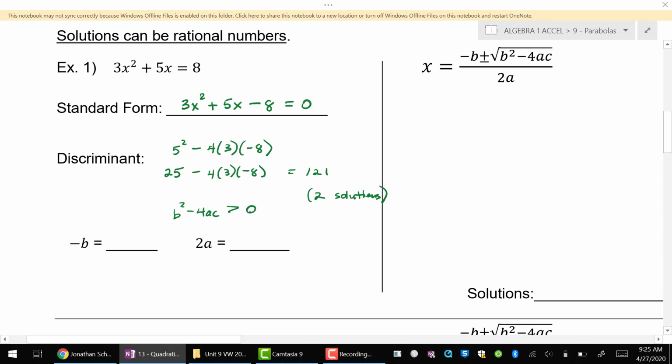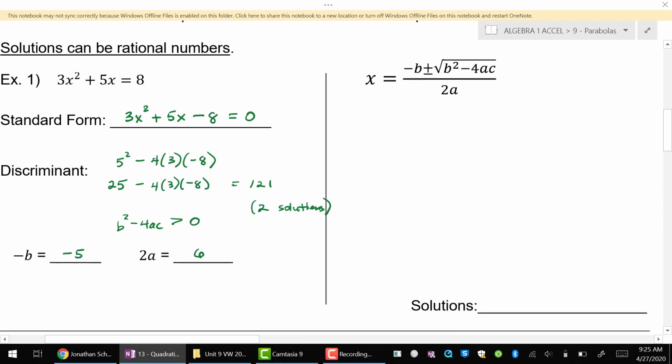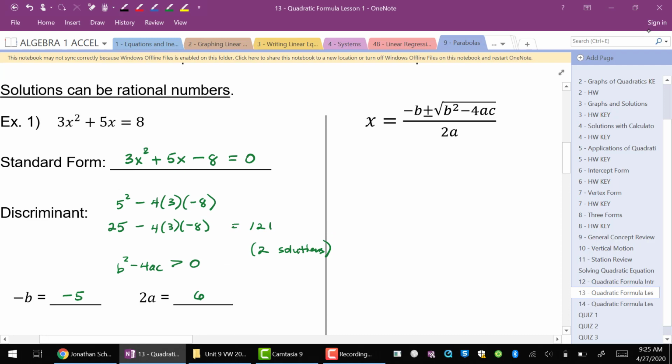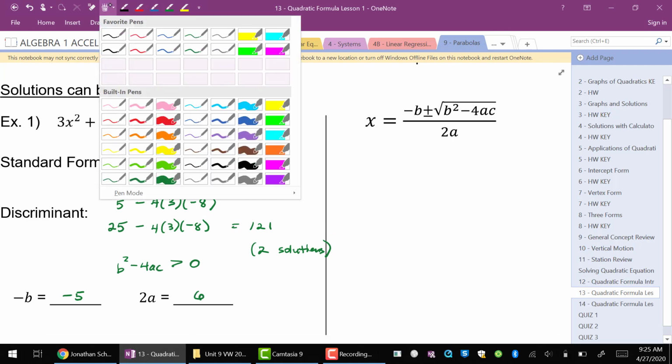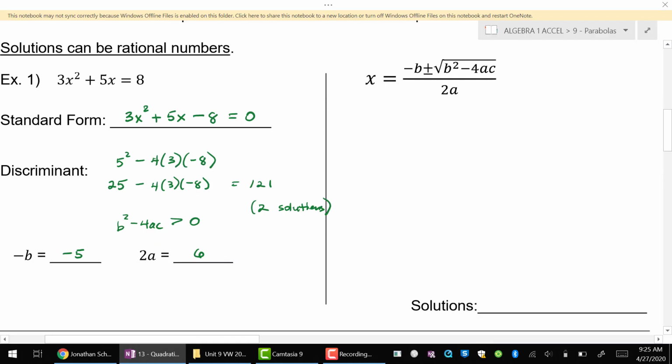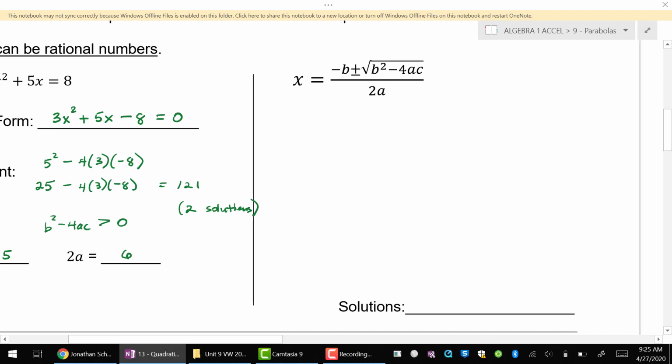All right, and then finally down here it just says negative b, opposite of b, and then 2 times a. Well, opposite of b is negative 5. And then 2 times a would be 2 times 3, or 6. We're going to use those numbers in the formula. And let's now come over here to the right-hand side of the paper, and we'll use all this information and actually solve for x.